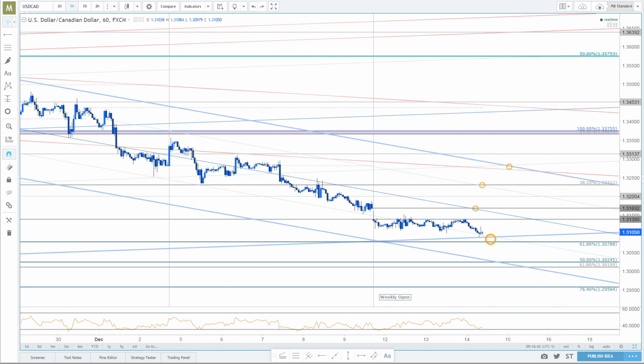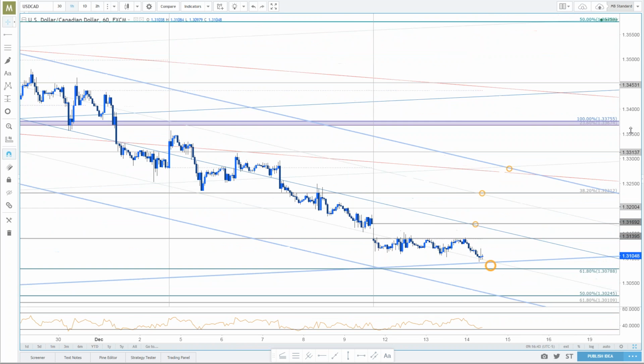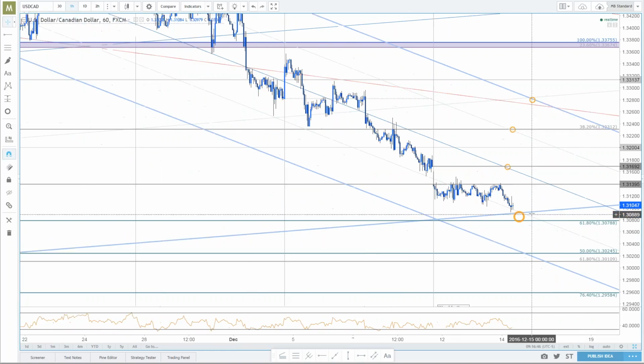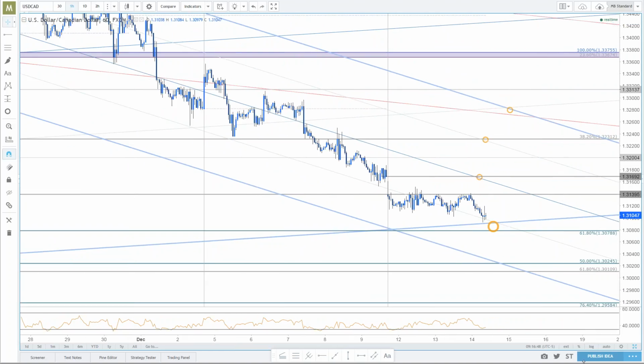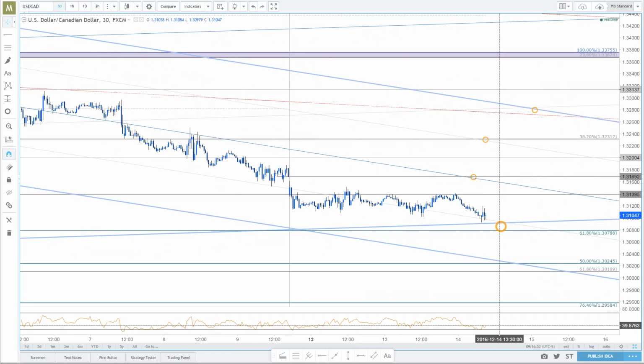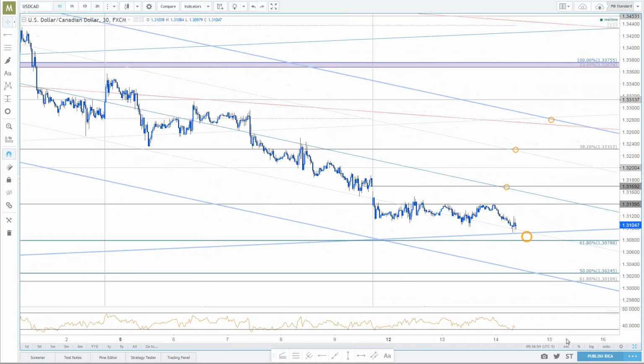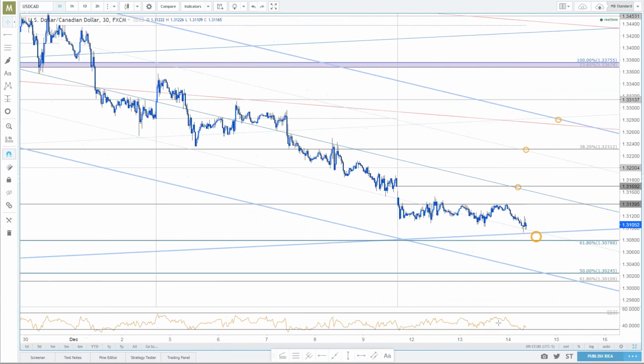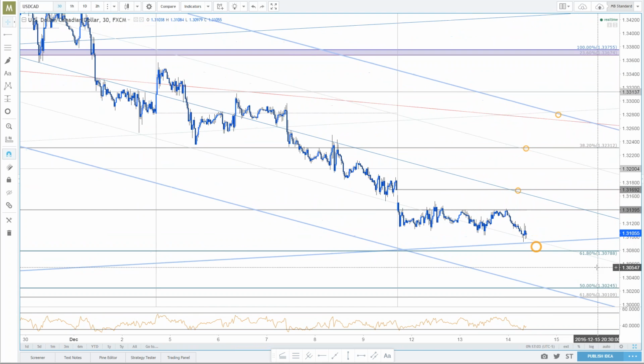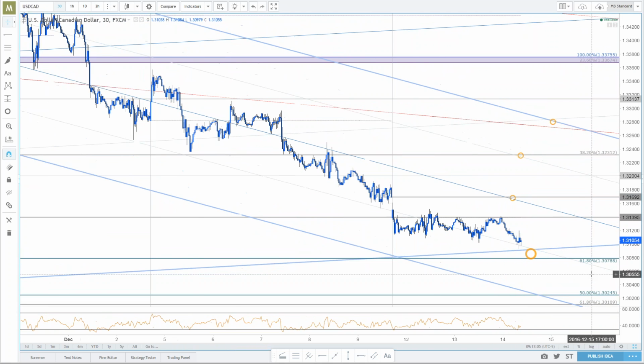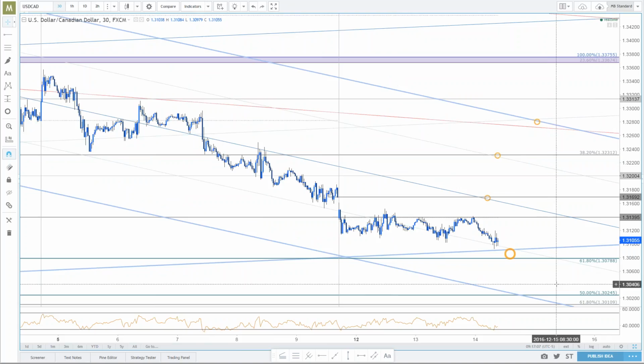There's some divergence, but nothing to write home about. And here's the 30-minute. So boom, maybe. Gap fill 131.69. Break lower below 130.80, big risk, big risk.